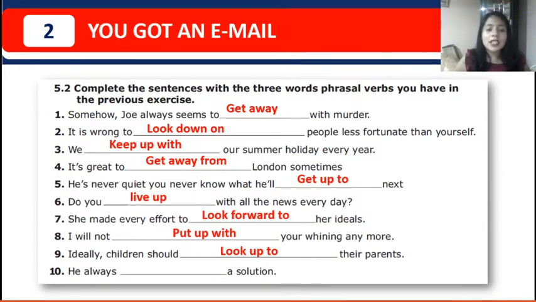He always comes up with a solution. He always finds a solution to a problem, right? Excellent. Please remember that you must study these phrasals, okay? They are very important and you have to study them.